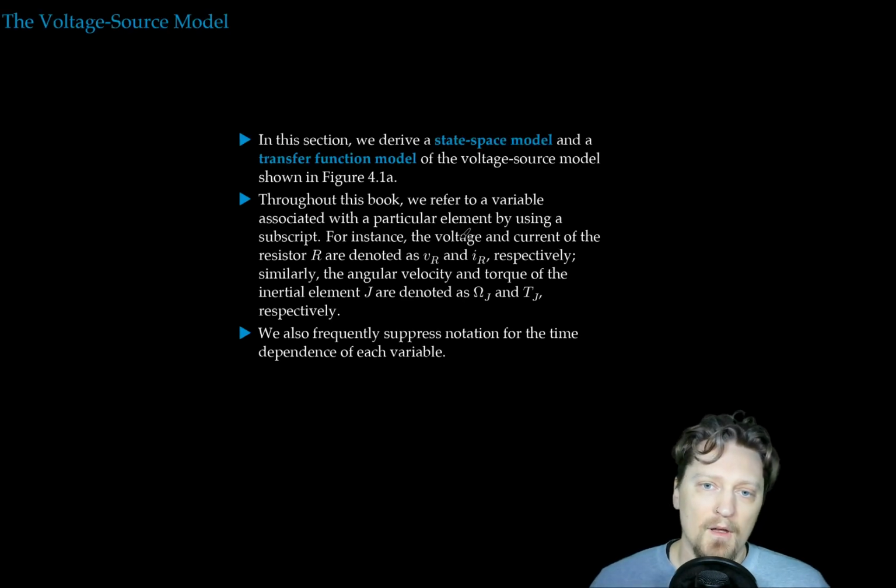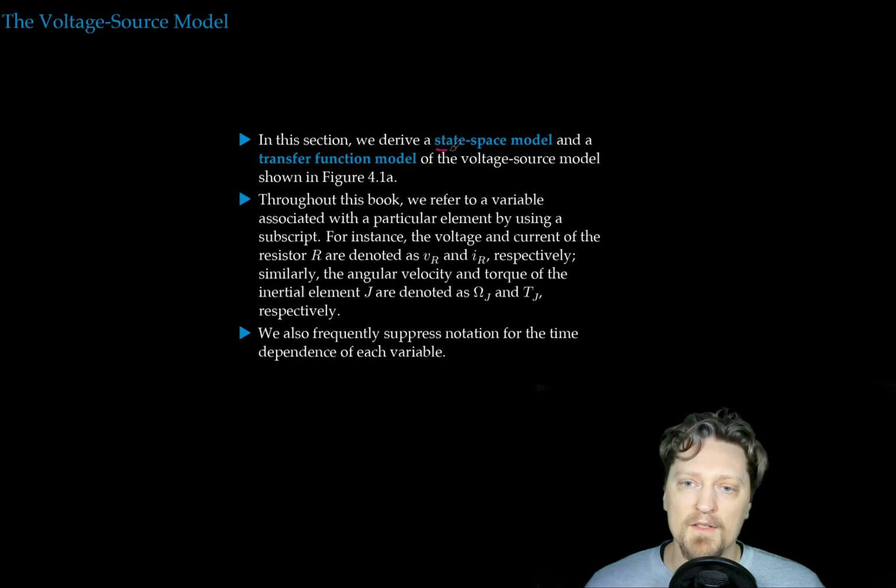Okay, we begin with the voltage source model. In this section, we derive a state space model and a transfer function model of the voltage source model shown in figure 4.1a, the voltage source diagram. Throughout this book, we refer to a variable associated with a particular element by using a subscript. For instance, the voltage and current of the resistor R are denoted V sub R and I sub R respectively.